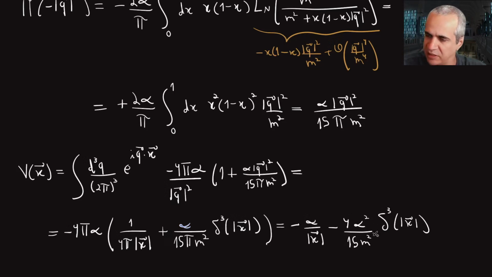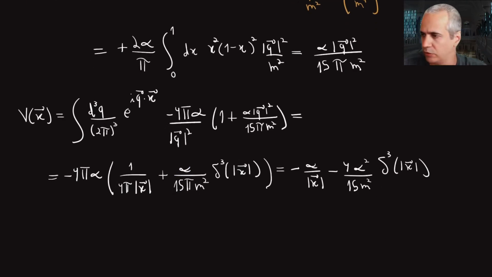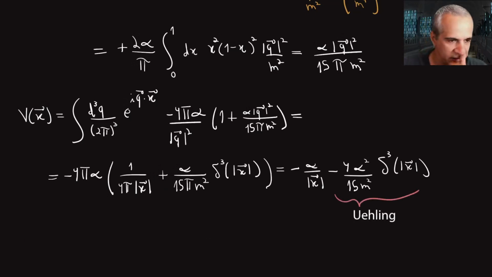Another thing you can see here is that clearly this is a higher order correction in perturbation theory. You see, the Coulomb appears at order alpha, and this new term appears at order alpha square, right? And this is called the Uehling term. And what does it do, right?